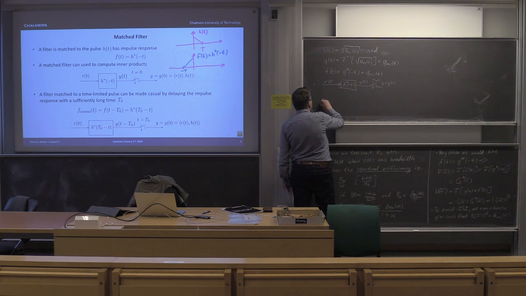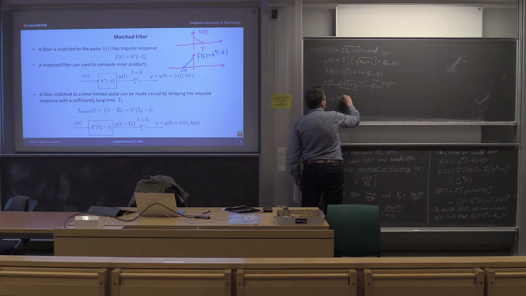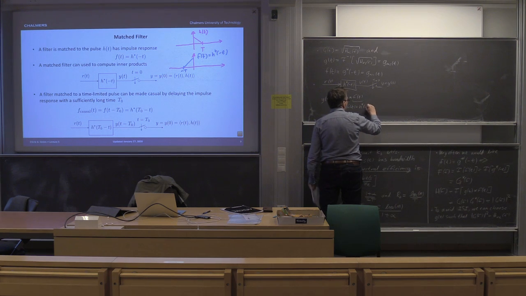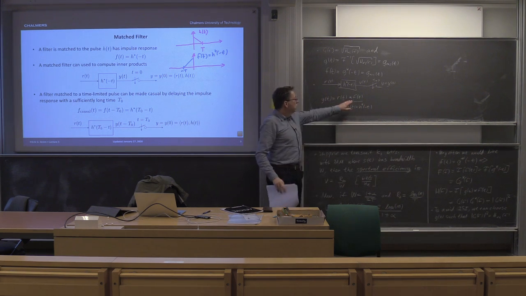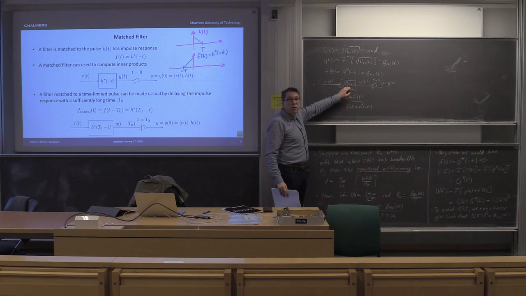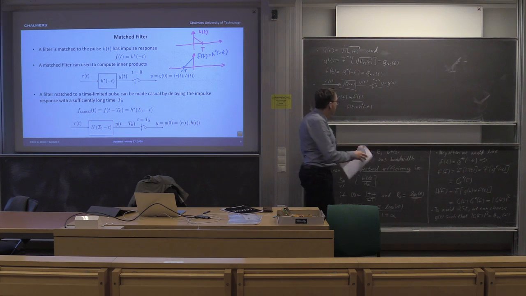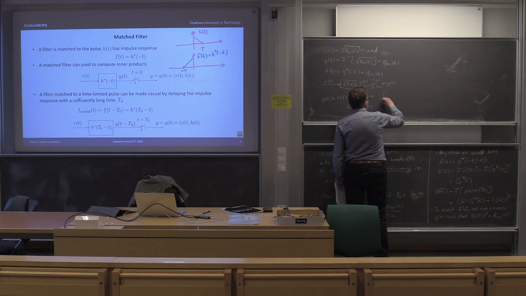So what is Y of t? Well, let's just convolve R with the impulse response F, where F is a matched filter. Okay. So the impulse response F is equal to this, which is then equal to the complex conjugate of H time reversed.